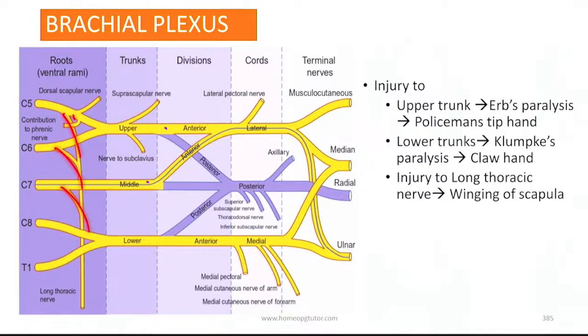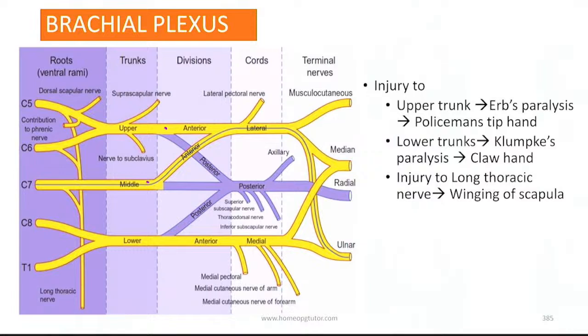Branches from C5, C6, C7 join together to form the long thoracic nerve. What does the long thoracic nerve supply? It supplies the serratus anterior muscle.